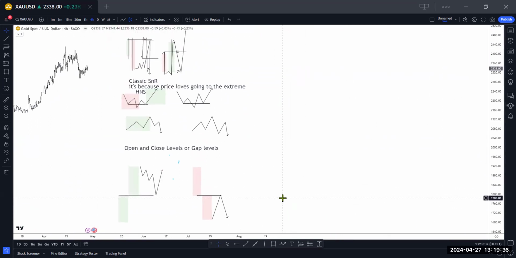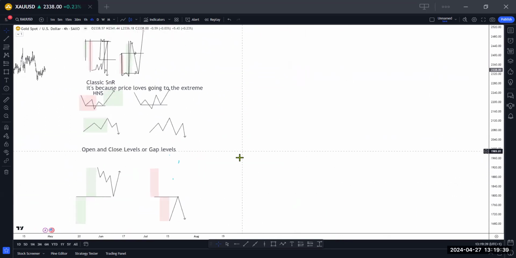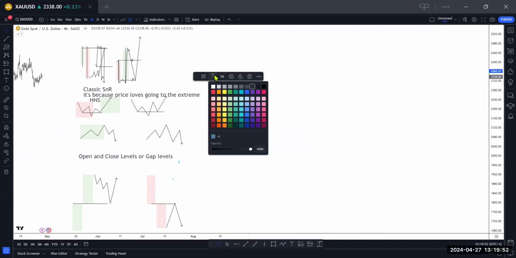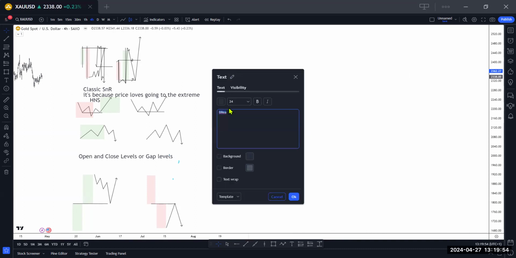Now the last type of SNR, which is where we are going to stop today, is what is called Breakout SNR.